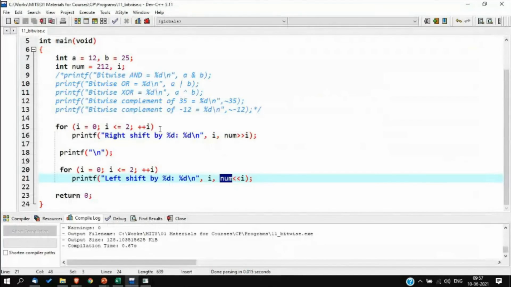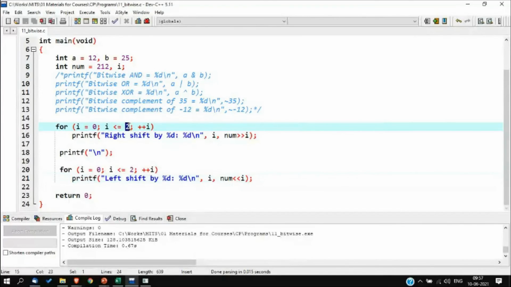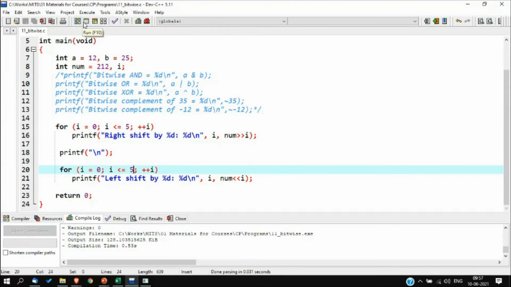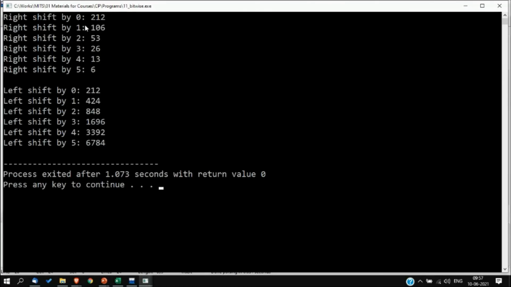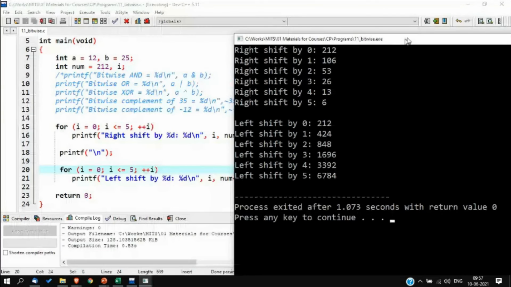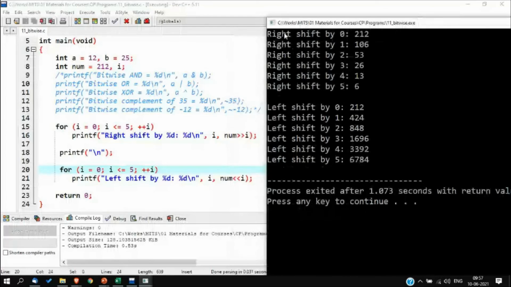So let's change the value of I from 2 to, say, 5, and see what values we get. Up to 2 we have seen. When 212 is right shifted by 3, it is 26.